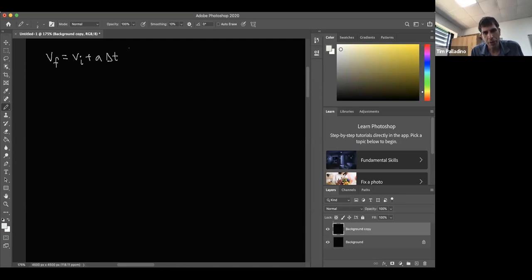Then we wrote delta x, the displacement, equals initial velocity times time plus 1/2 a t squared. For this one, I'm going to do a problem in the Y direction. I want to figure out how far something falls after falling for just a few seconds.